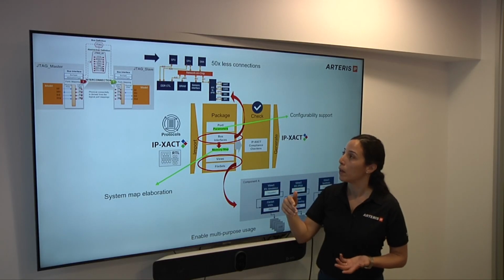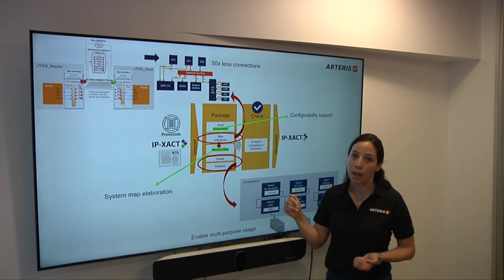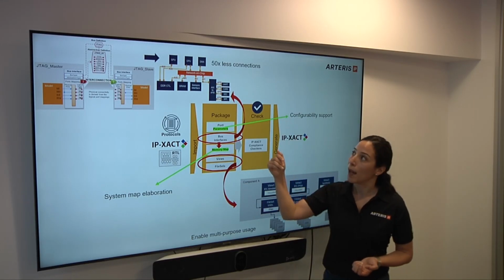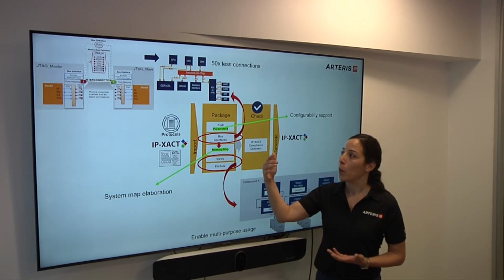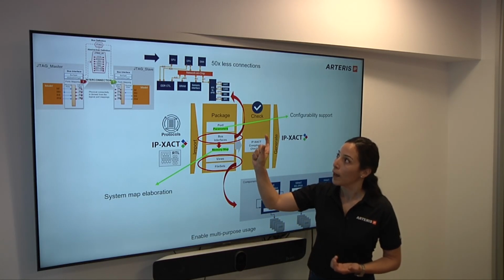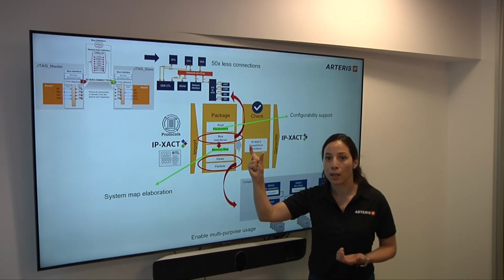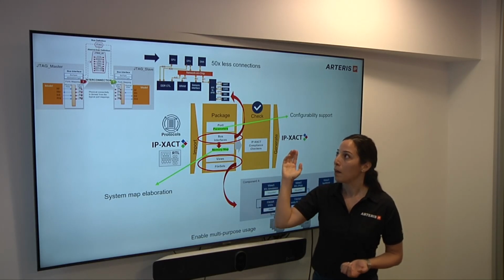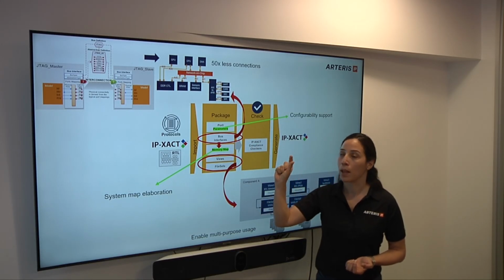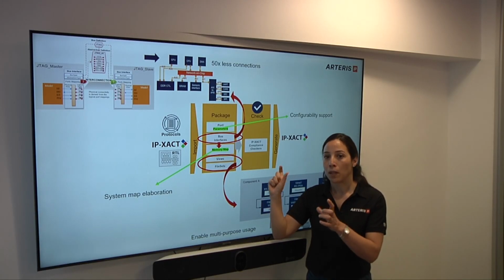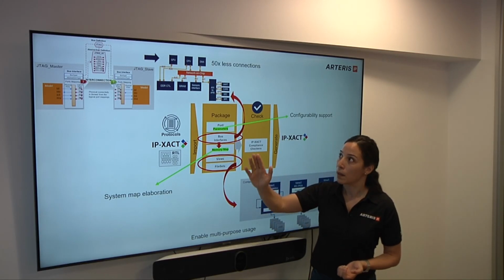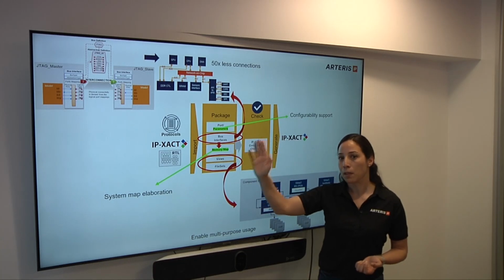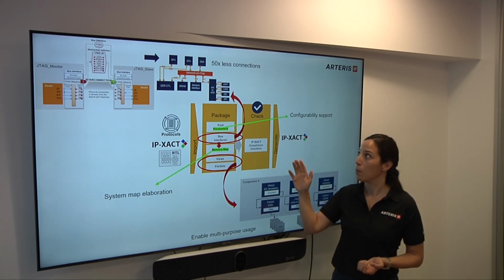We will have like 50x fewer connections. It will also help to have a reliable integration, because when we connect one target to one initiator, we will use the IP-XACT standard to be sure that these two bus interfaces are compatible. So this will also help to detect errors early in the process and not be a blocker later.